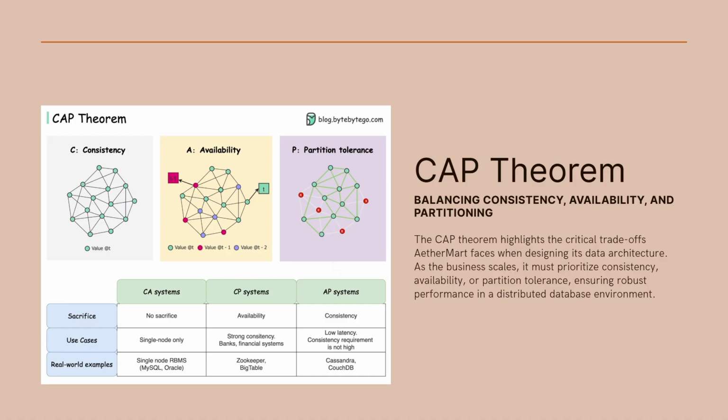So for Ethermart, availability is critical, right? Customers must see products and place orders quickly, even if review updates take a bit longer. So, therefore, for us also, availability and partition tolerance are more important than consistency.